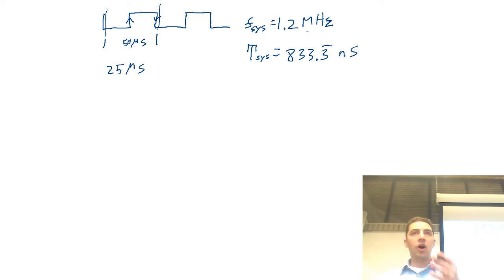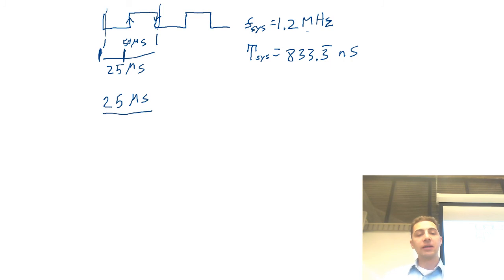I'm going to have to always be referring to 1 over 1.2 megahertz. But let's now take that so we can figure out how many system ticks in 25 microseconds. So 25 microseconds divided by the period of the system clock is equal to the number of system ticks.